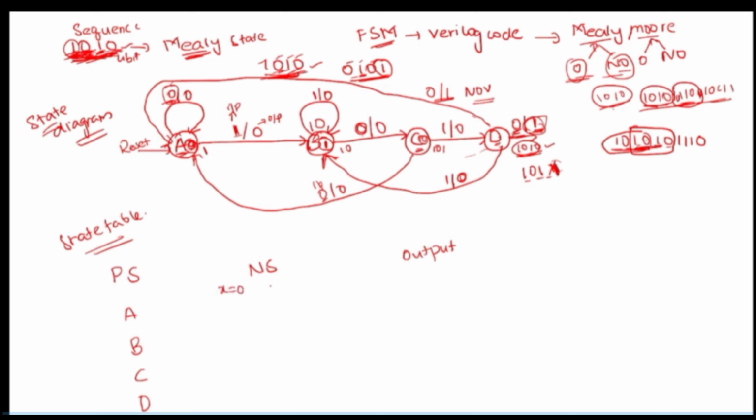If we take x as the input, then based on whether it is 0 or 1, the state transition takes place. If x is 0, it stays in A, so the next state is also A. If it is 1, it goes to B. Similarly for B, if it is 1, it stays at B, and if it is 0, it goes to C. For C, if it is 1, it goes to D, and if it is 0, it goes to A. And here at D, what is happening?